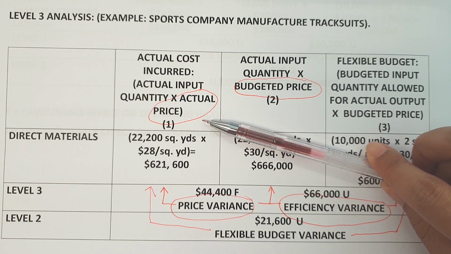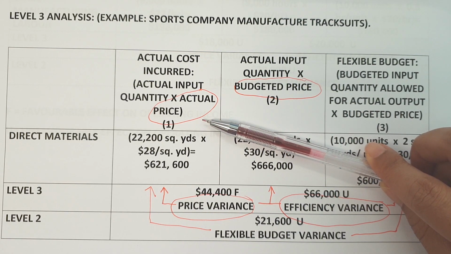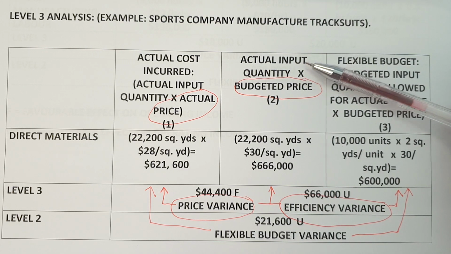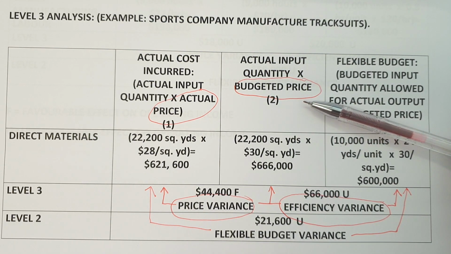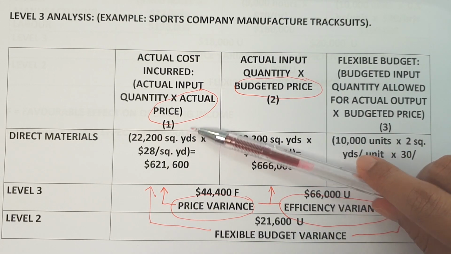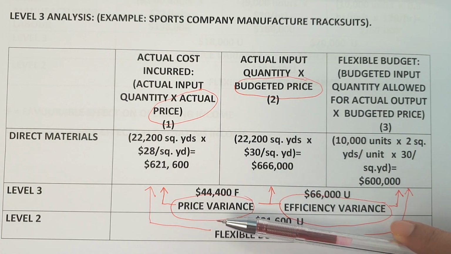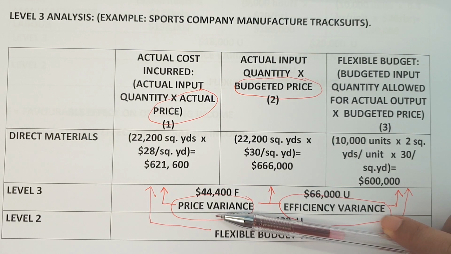The price might increase or decrease. So that's why here we have the actual input quantity times budgeted price, and there the actual input quantity times actual price, because we want to see the price variance.